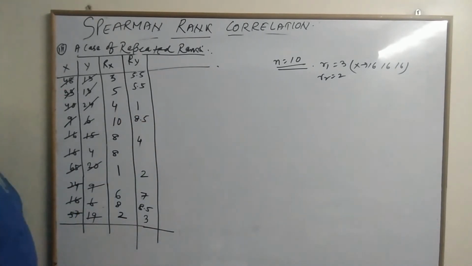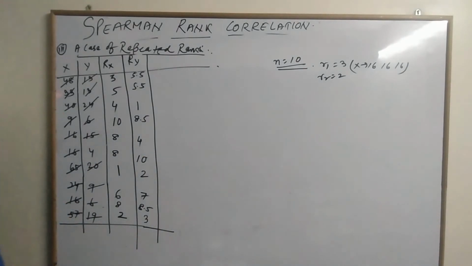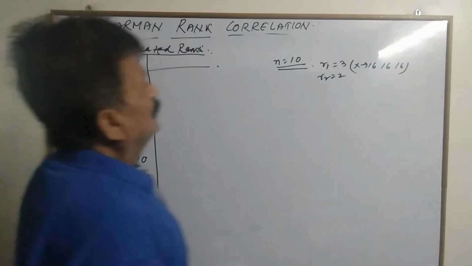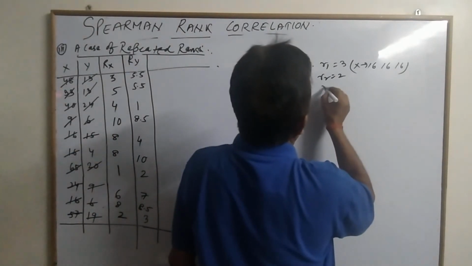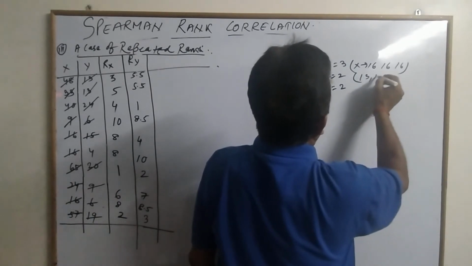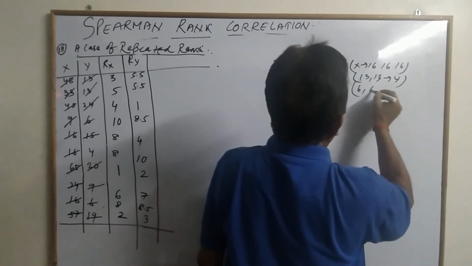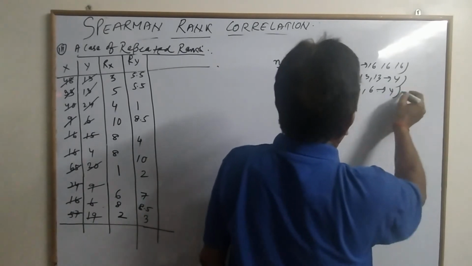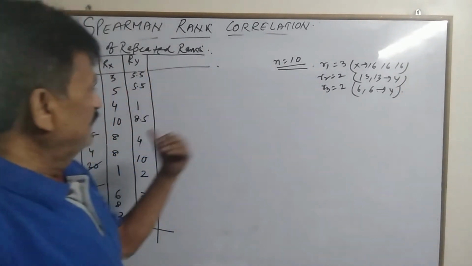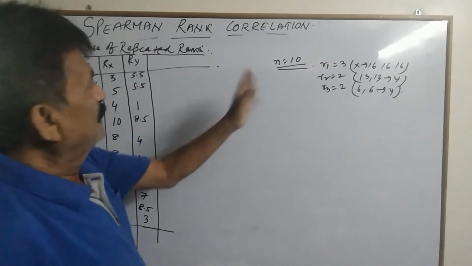The 8 and 9 ranking is gone and the smallest number is 4, it will have rank 10. So in the Y series, 13 and 13 and once again 6 and 6 are repeated. So these are 3 repetitions in this particular sum and they must be denoted by R1, R2, R3.